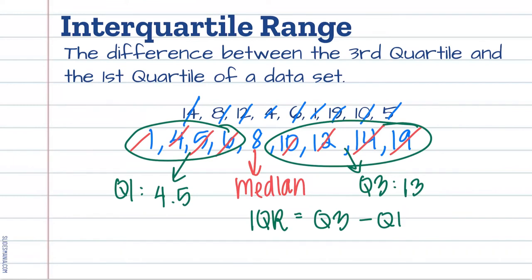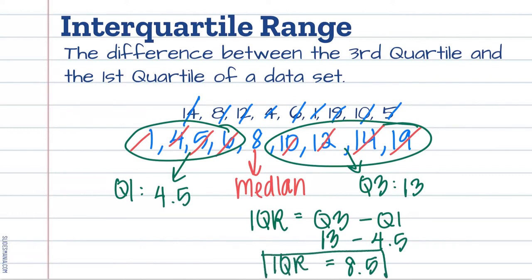So my third quartile was 13, and my first quartile was 4.5. So when I subtract those, I get a value of 8.5. So my interquartile range is equal to 8.5.